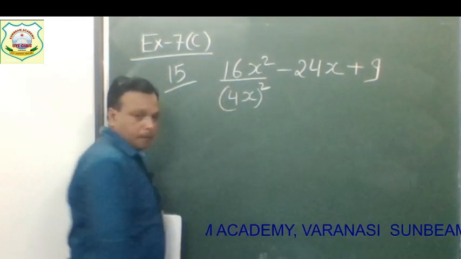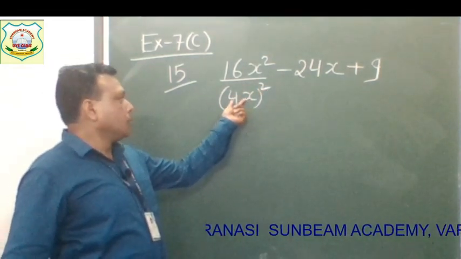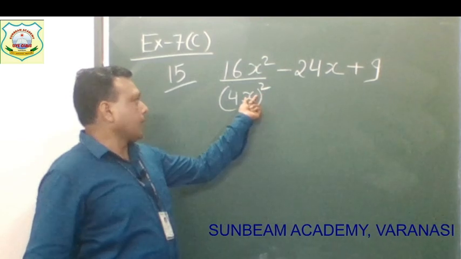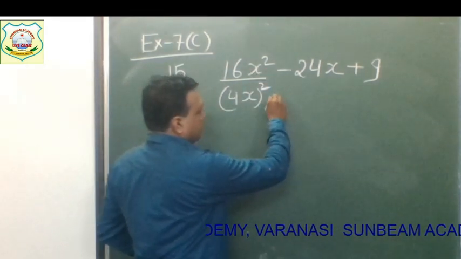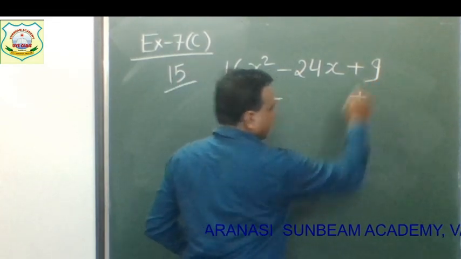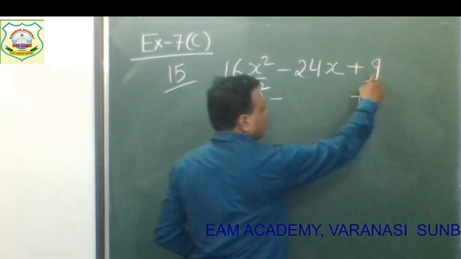When the square goes inside, 4 square is 16 and x square is x square. Clear, students? Next is minus, and here plus 9. 9 is the square of 3, because this is a square, and this one is b square.